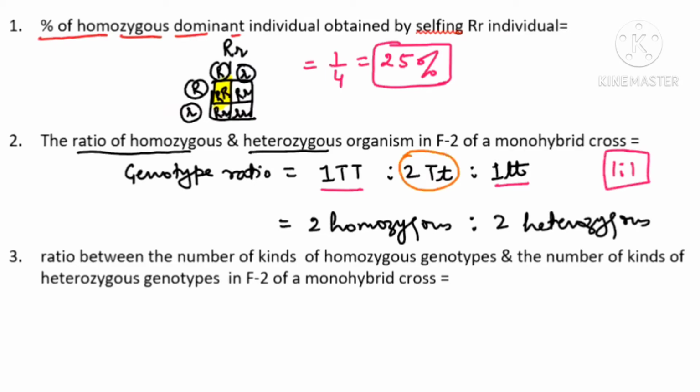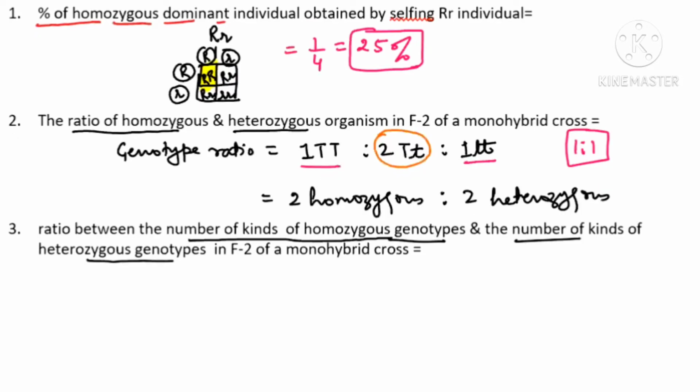Now a similar question: suppose the question asks for the ratio between the number of kinds of homozygous genotype and the number of kinds of heterozygous genotype. In the previous question, you are finding two types of homozygous genotype: one is homozygous tall, another is homozygous dwarf.